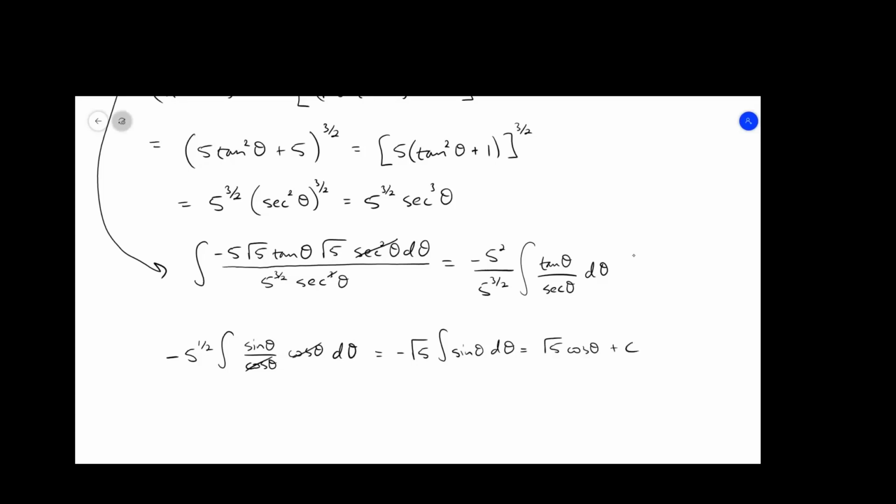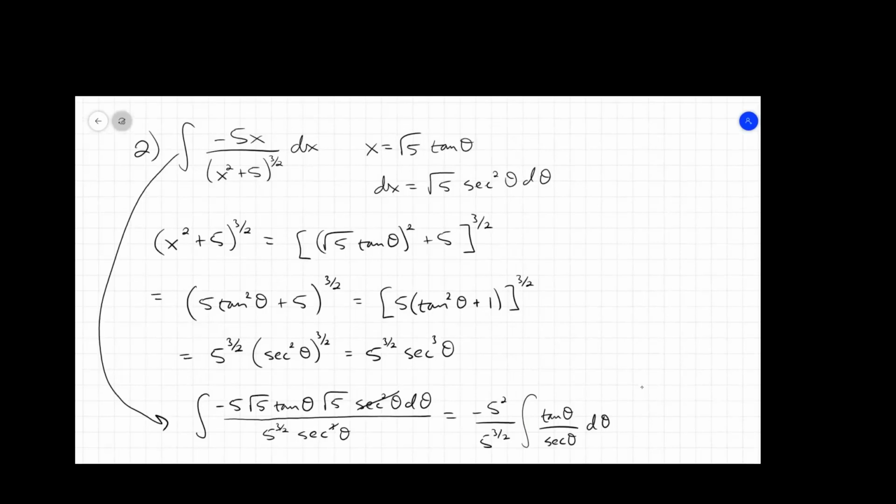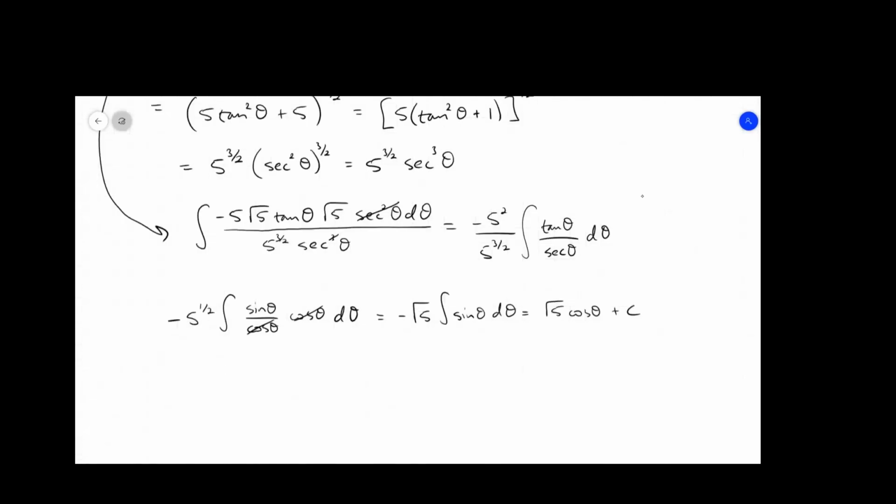That's some constant. But again, our last step is that we can't leave this in terms of theta. We have to change it back into x's. And we had our substitution up here. X was equal to root 5 tan theta, right? That means tan theta is equal to x over root 5.